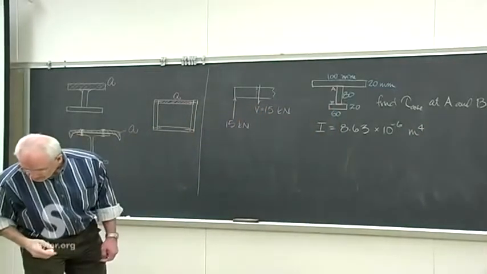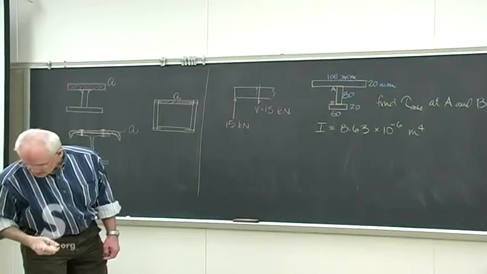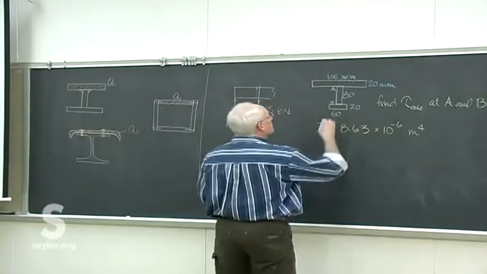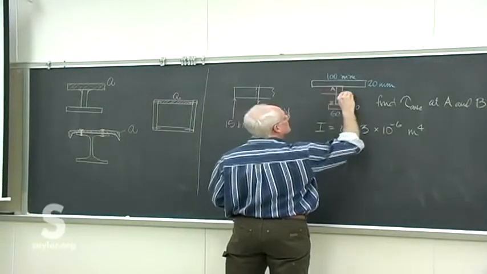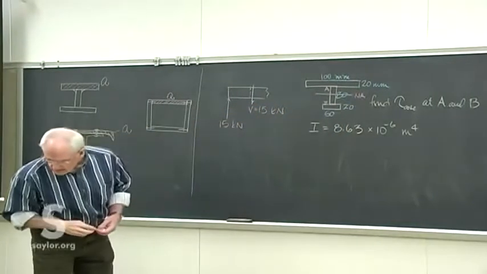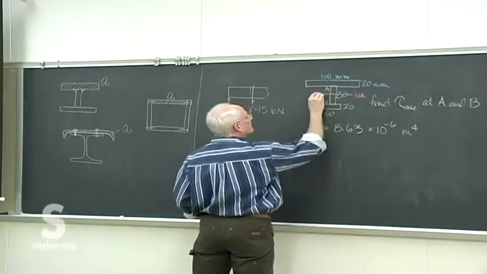The moment of inertia of this beam comes out to be 8.63 times 10 to the minus 6, with the neutral axis 68.3 millimeters up from the bottom.